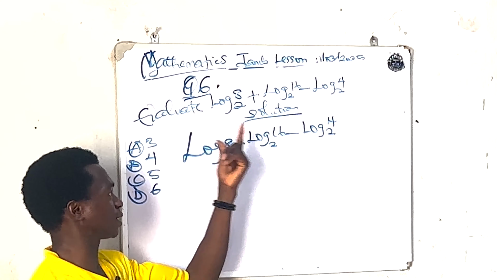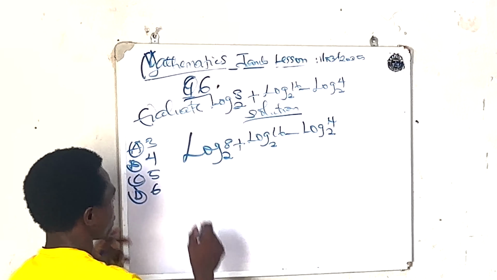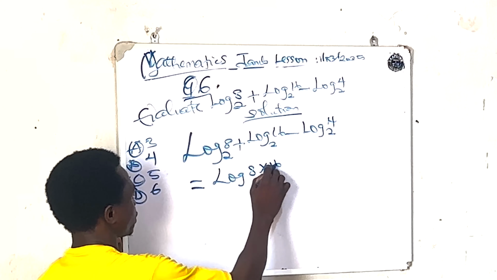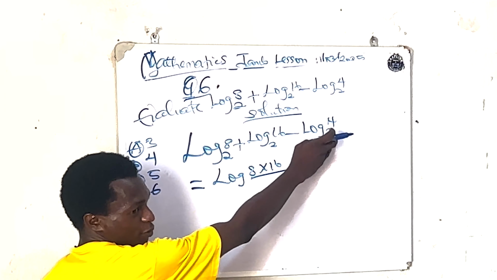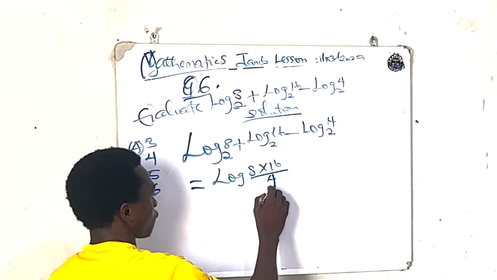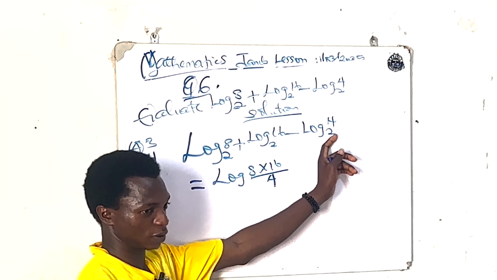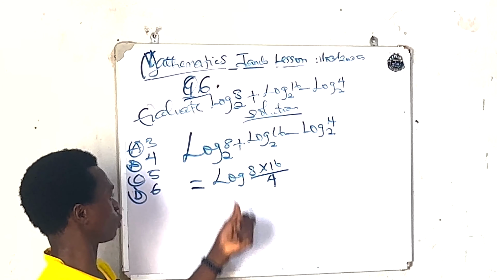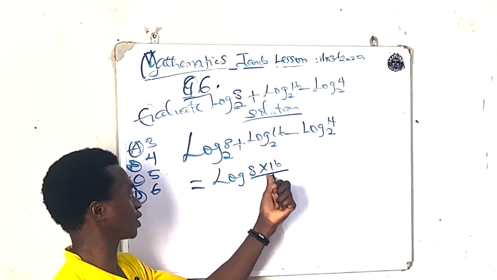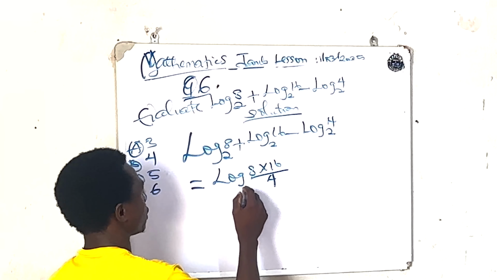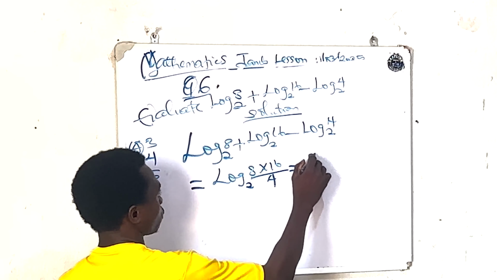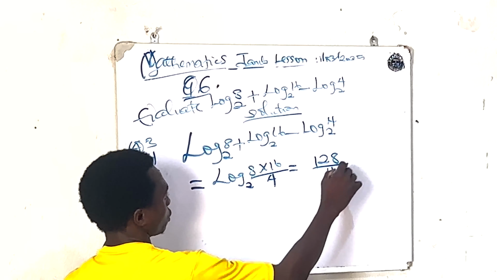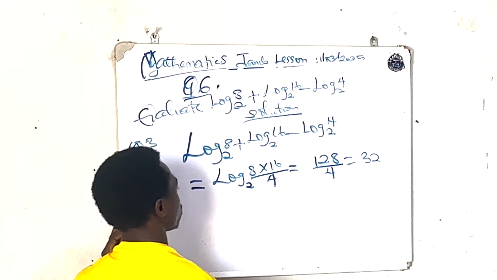So multiply 8 and 16 together, and because this is minus, it is going to be divided by 4, as the other logarithm is also in base 2. So log of 8 times 16 divided by 4, everything in base 2. You are going to have 128 over 4, which equals 32.